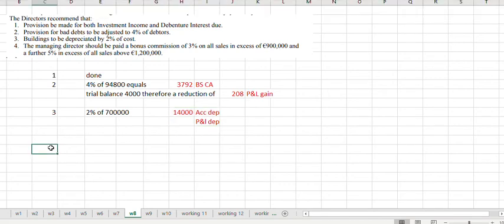And finally, part 4. The managing director should be paid a bonus commission of 3% on all sales in excess of 900,000 and 5% in excess of all sales above 1.2 million. So, sales hasn't changed.